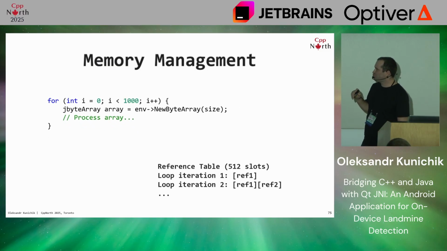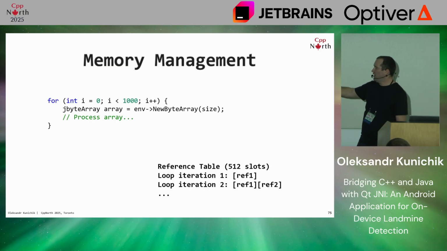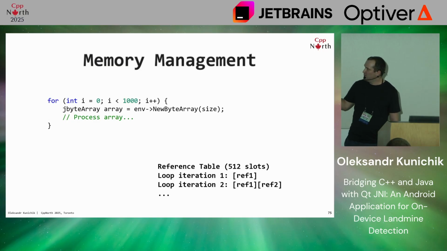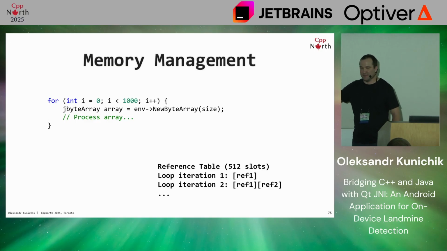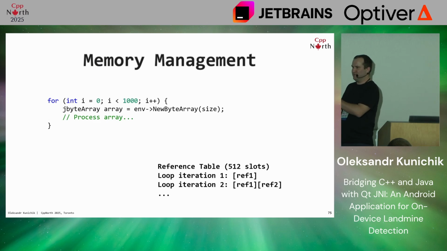So first of all, we create the Java array, and this local reference table has only 512 slots. So when we iterate 1,000 times, we have an overflow of this reference table. It's the JNI table. Java is okay, Java has a lot of memory, but JNI has this limitation.